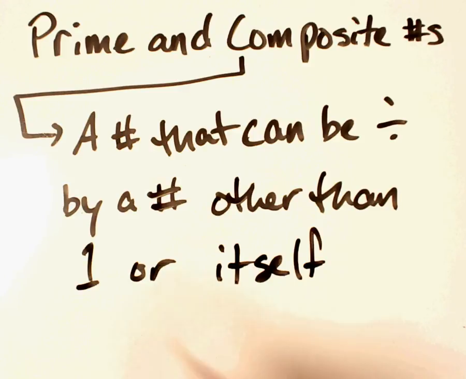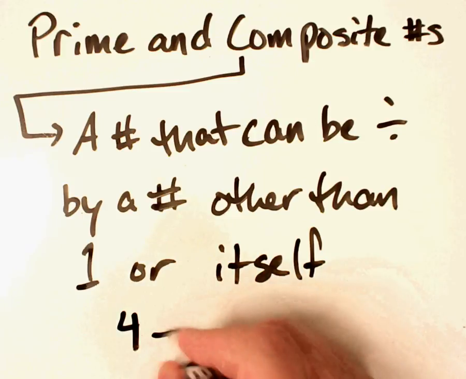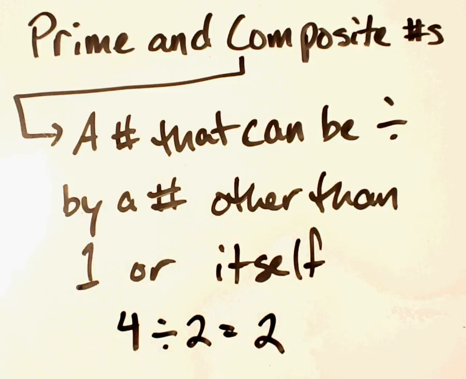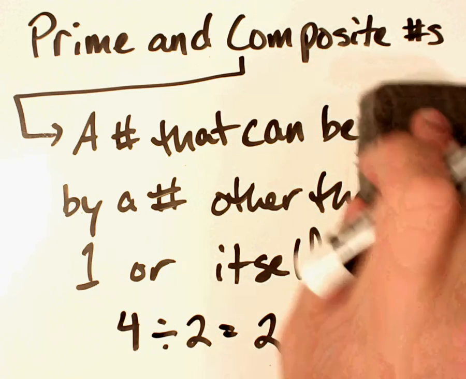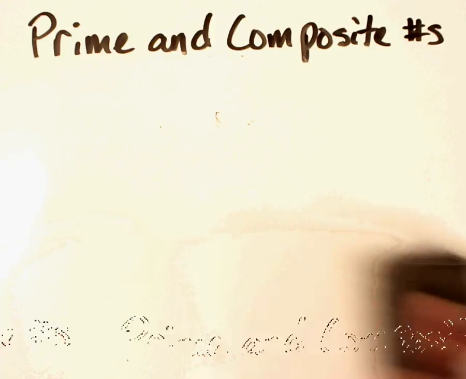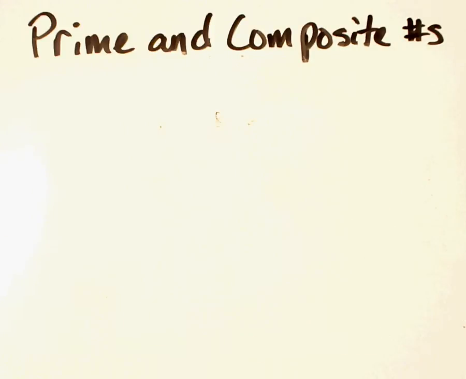So for example, the number 4, I can divide by 2 and get a whole number. So 4 is a composite number. All right, as we go along, I'm going to show you also a few other ways to check, some easy checks that you can do to see if a number is prime or composite.